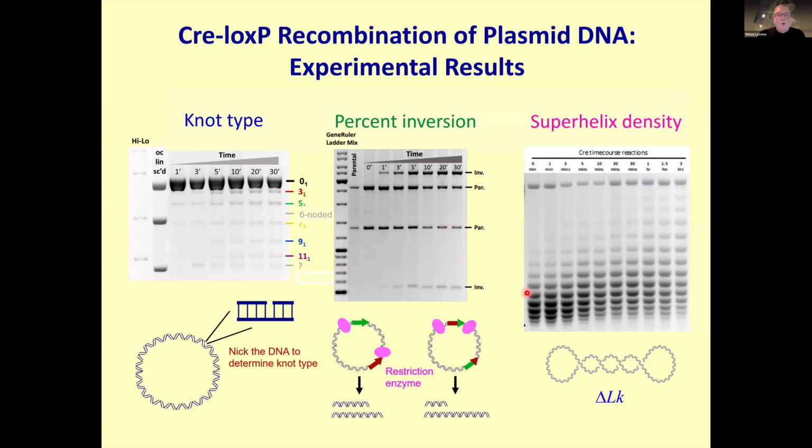So in a sense, we're looking at the loss of supercoiling by the unknot, and we have to infer from that, or use that as a proxy, for the loss of supercoiling by the non-trivially knotted DNAs. Thank you. The technical limitation here is you can't resolve on the same gel both knot type and superhelicity.